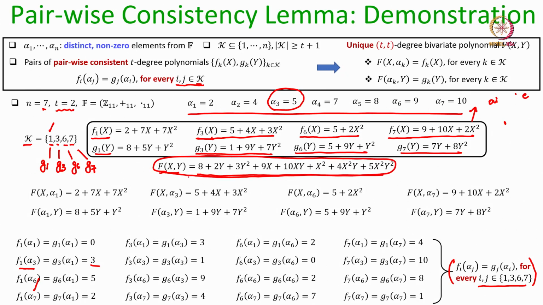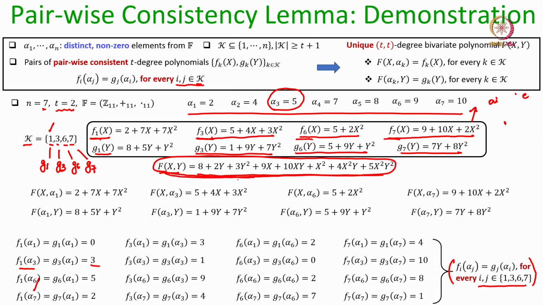I am not saying anything regarding what will be the second, fourth and fifth row polynomials of this bivariate polynomial, because we are not given them. We are only given the first, third, sixth and seventh row and column polynomials which are pairwise consistent.